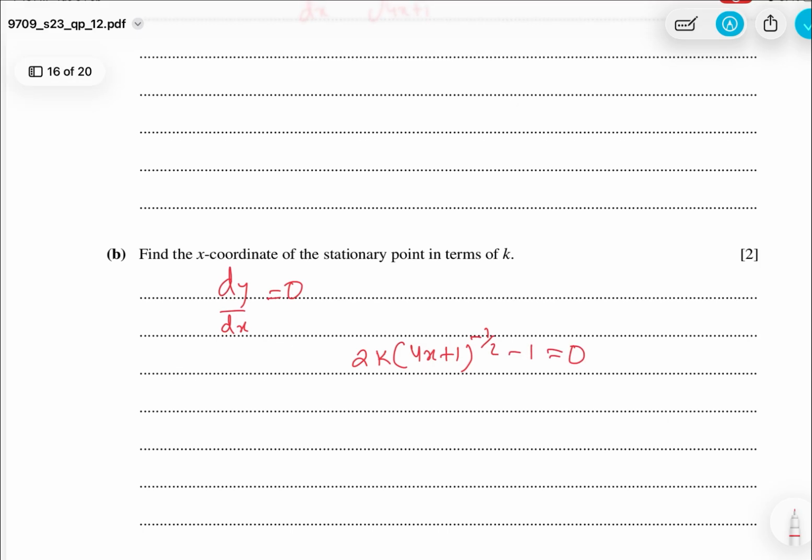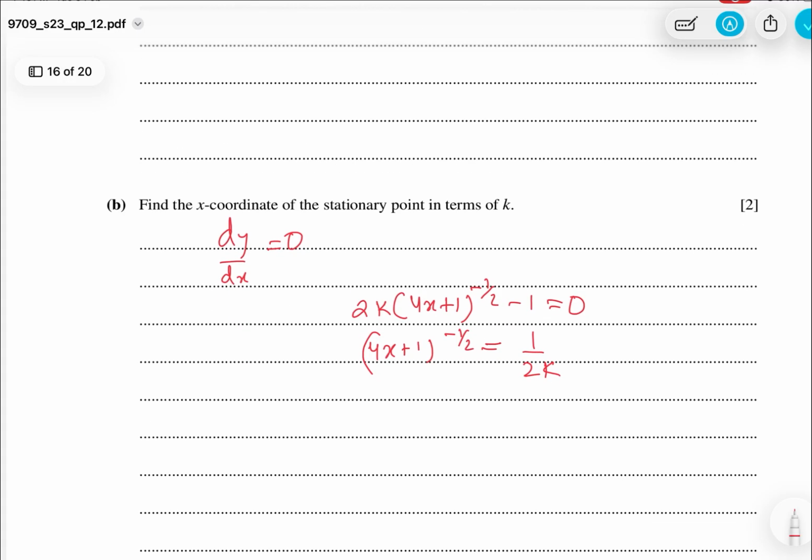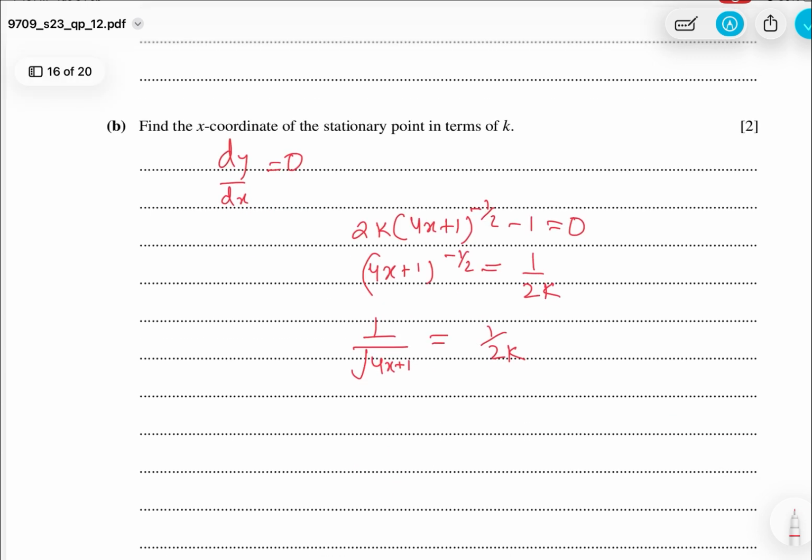Okay, so we will have (4x plus 1) to the power negative half equals to 1 upon 2k. Yes or no? So we will have 1 upon square root of 4x plus 1 equals to 1 upon 2k. So we will have 2k equals to square root of 4x plus 1.